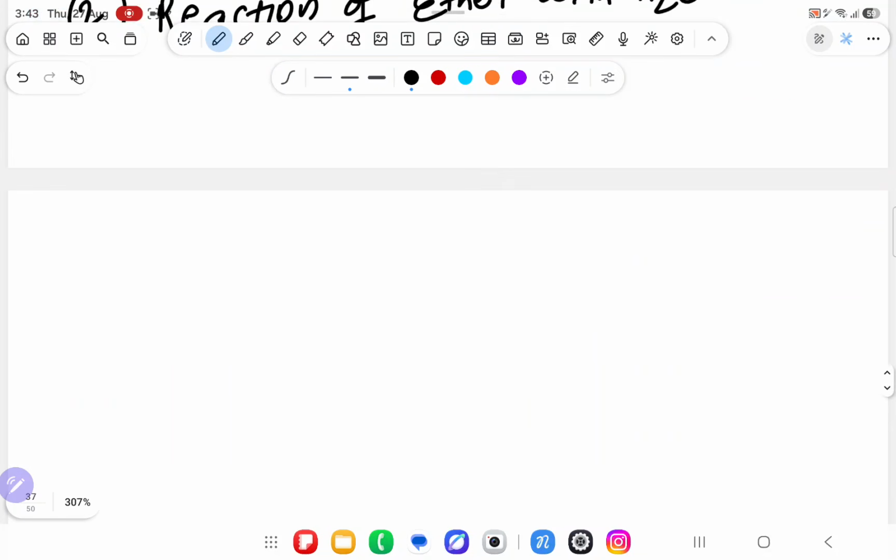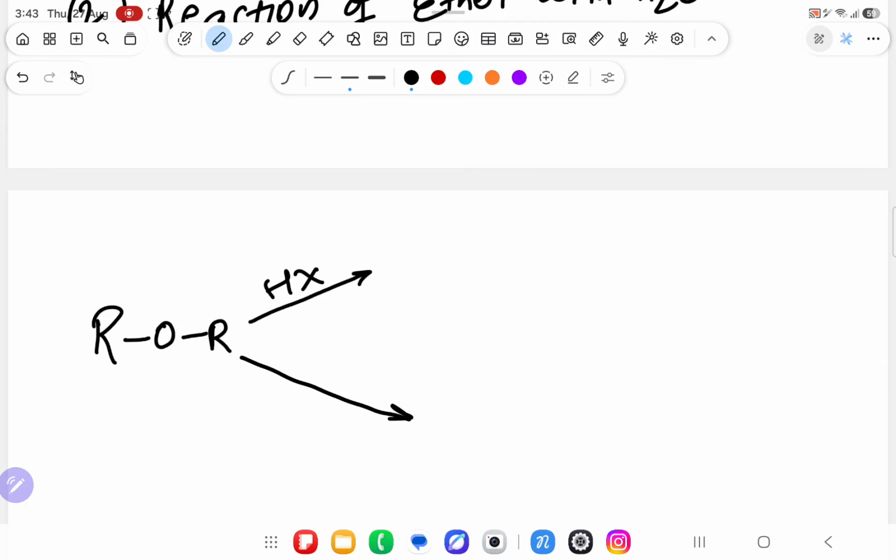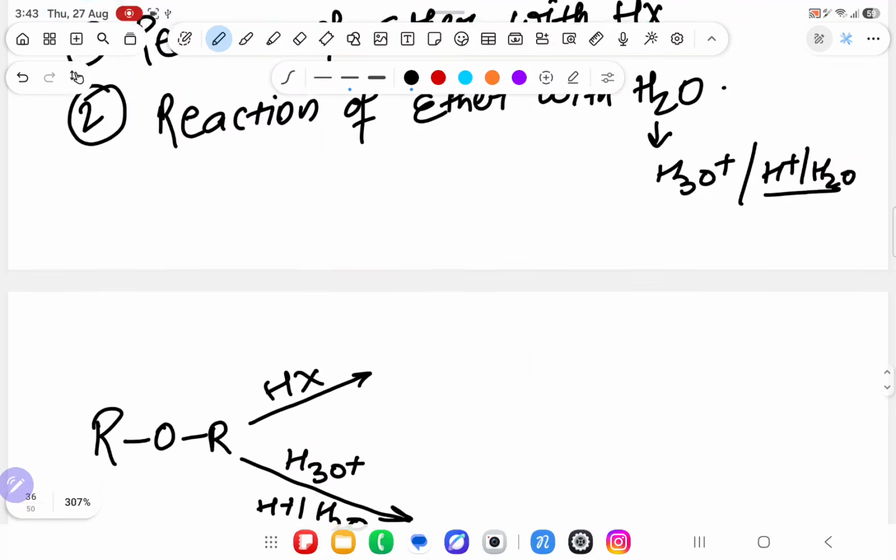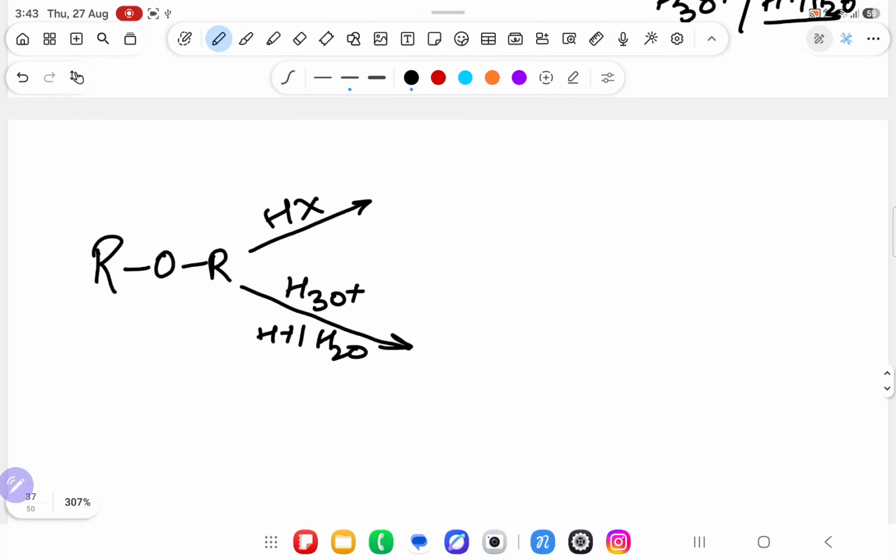Now over here what happens? You will take ROR. Either you will react with HX or you will react with H3O plus or H plus H2O. H2O written means H3O plus or H plus H2O. Anything you will take.